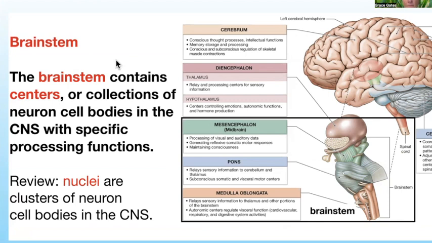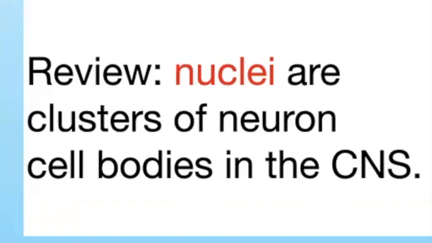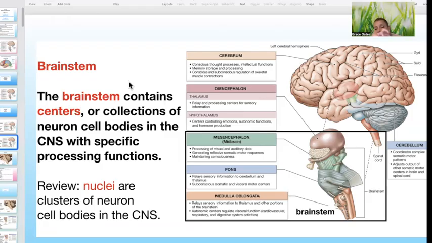functions. Now remember, nuclei are clusters of neuron cell bodies in the central nervous system. So what makes a center different from a nucleus? It's a collection of neuron cell bodies, but with a specific processing function. So a center would be the bigger idea here, less of a little cluster of neurons and maybe more of a cluster mixed with a network.